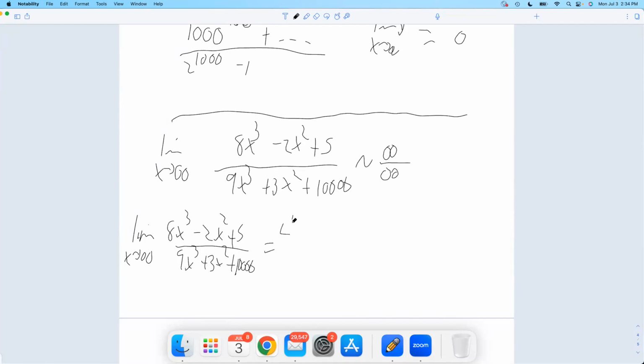The equals, provided I get an answer at the end, using L'Hopital's, I'm going to take the derivative of the top and bottom. So the derivative of the top will be 24x squared minus 4x. The derivative of the bottom will be 27x squared plus 6x.